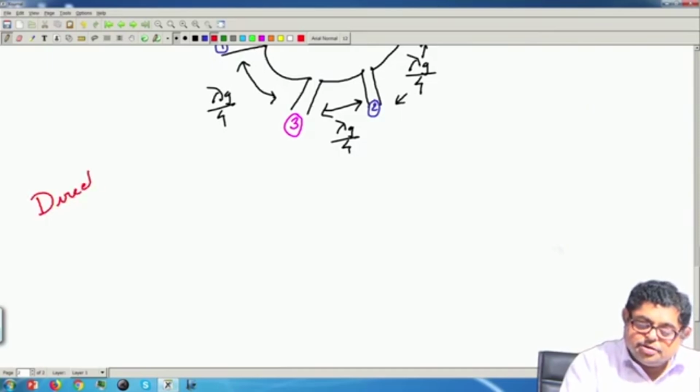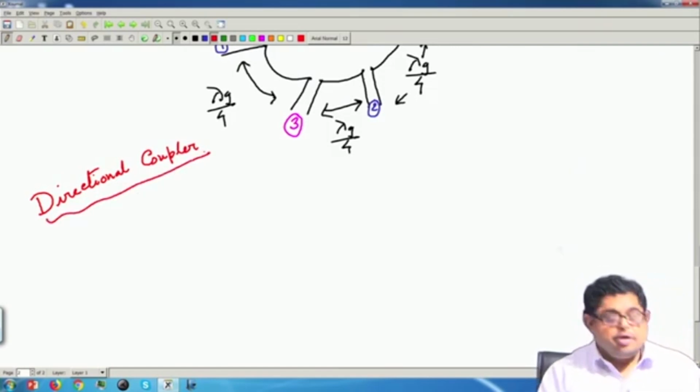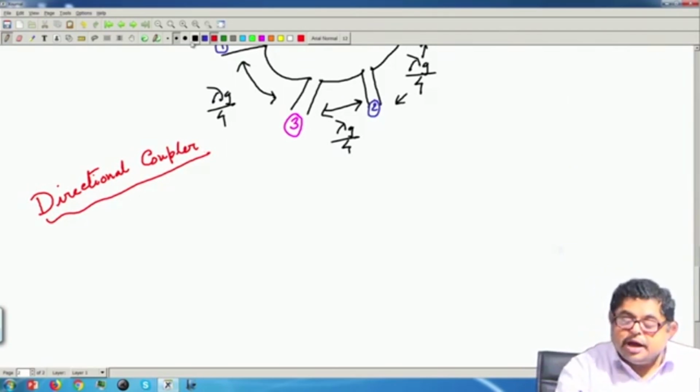This also you all know from your study of microwave engineering. Also, you can see that these couplers we have discussed in detail in our NPTEL course on basic building blocks of microwave engineering. Now, what is a directional coupler?